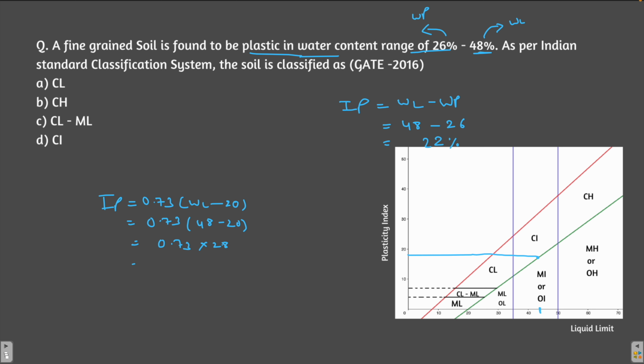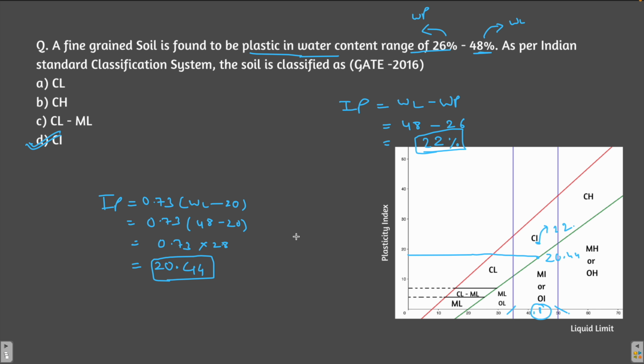This will come out to be 20.44. Now this 20.44 is less than 22, right? And what is the IP of the given soil? It is 22. So it is definitely a clay, and clay with intermediate plasticity. This is the correct answer. Clay with intermediate plasticity, because the liquid limit is in the range of 35 to 50.